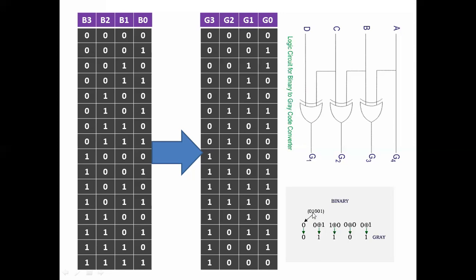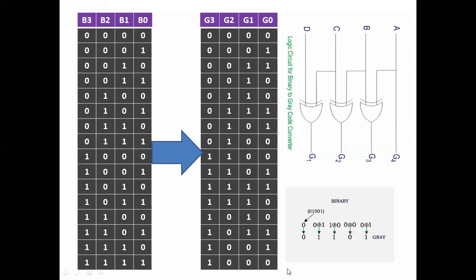So here 1, and then take the XOR operation of MSB minus 1 with MSB minus 2. Here MSB minus 1 is 1, MSB minus 2 is 0. So 1 XOR 0, again both inputs are different, output will be 1. Like this, you should proceed till the LSB is reached. That is the required gray code.